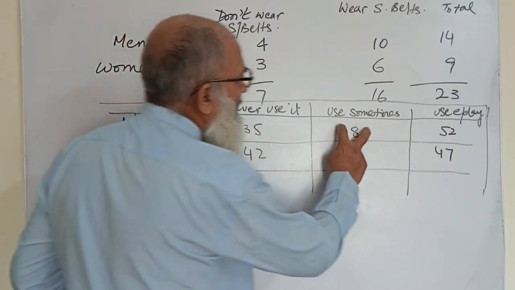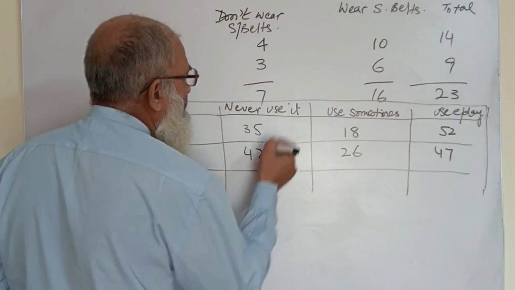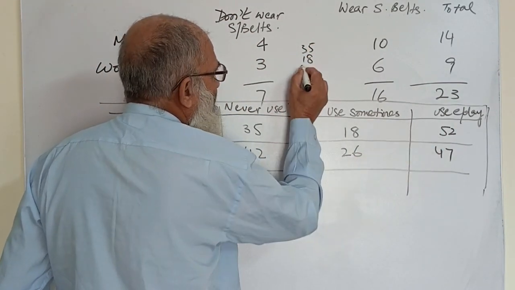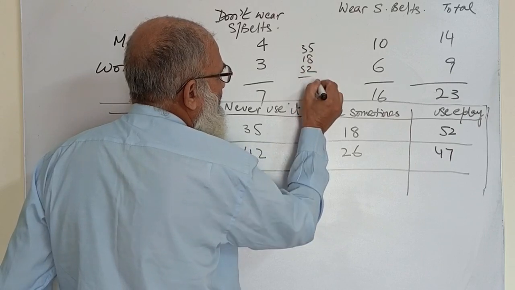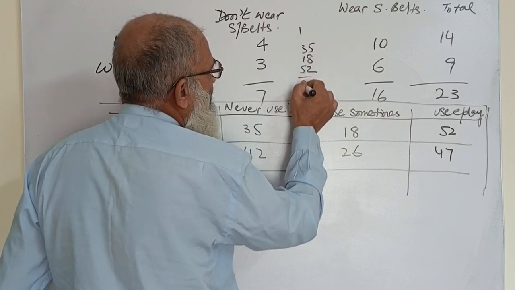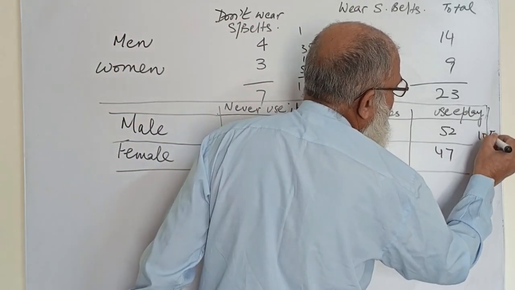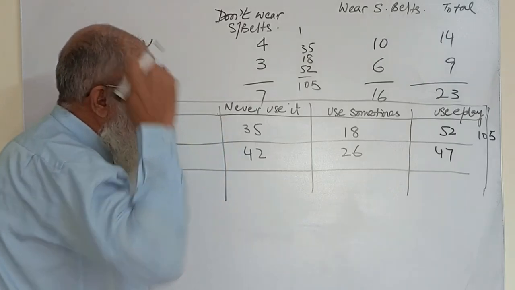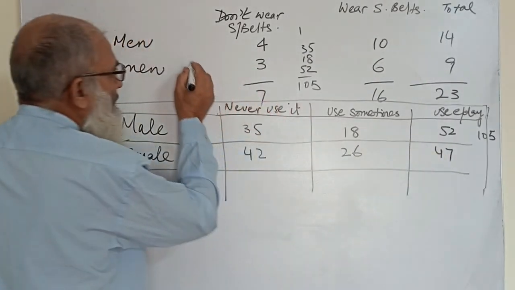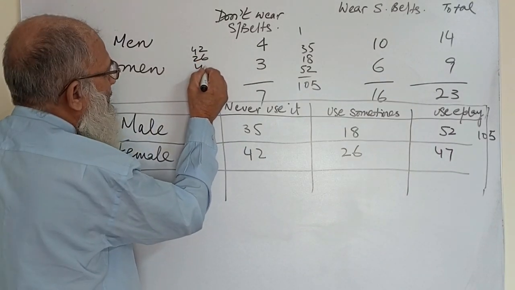It is 35, 18, and you can give a total over here. 35 plus 18 plus 52 makes it 105. So there are 105 male students in total.